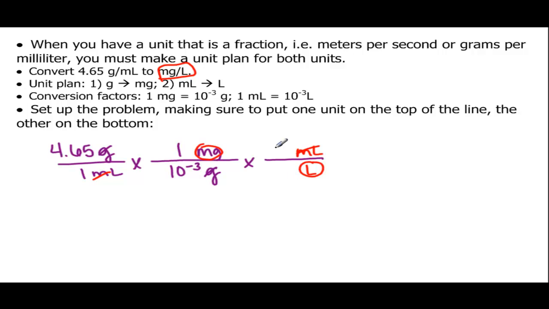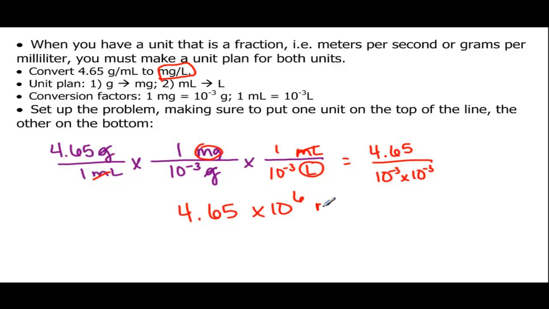So let's plug in our numbers. 1 milliliter is 10 to the minus 3 liters. So we end up with 4.65 over 10 to the minus 3 times 10 to the minus 3. So my answer is 4.65 times 10 to the 6 milligrams per liter.